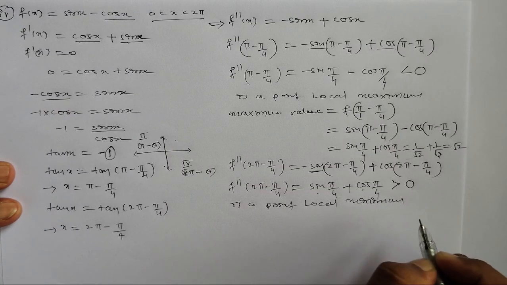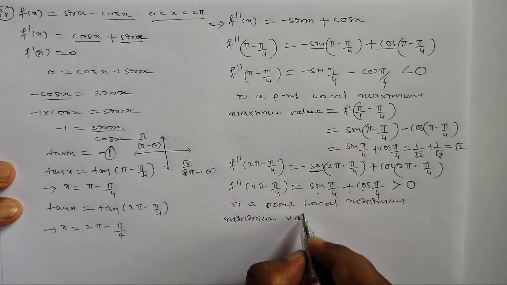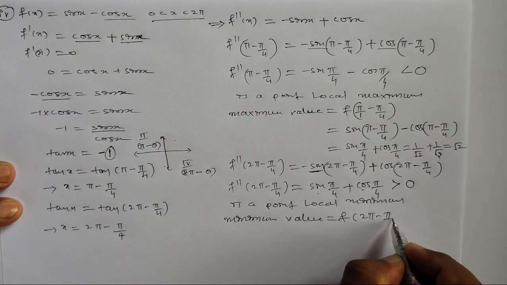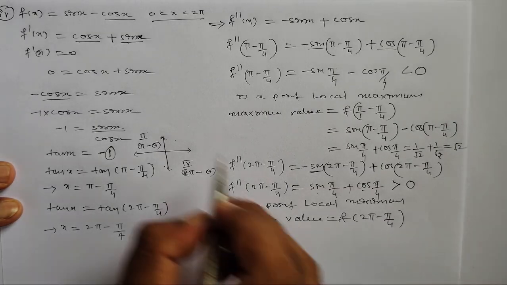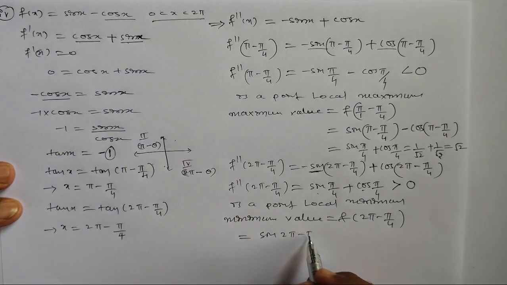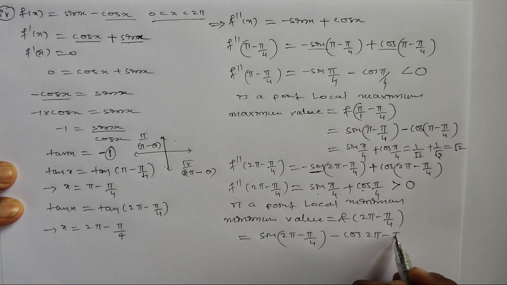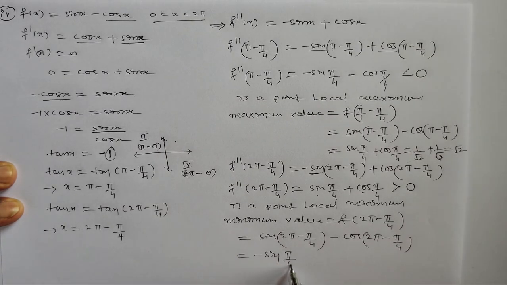The minimum value is equal to f of 2 pi minus pi by 4. I'll substitute the value in f of x: sin(2 pi minus pi by 4) minus cos(2 pi minus pi by 4). In the fourth quadrant sin becomes negative, so minus sin pi by 4, minus cos, which is positive, cos pi by 4.